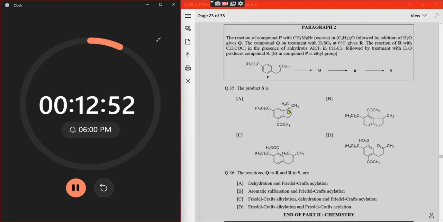That's probably the charge over there. Wait, why does it attack over there? Wherever it attacks, the positive charge will come here. So that's not what we want. But we can still use the inductive effect. So just attack over there, I guess. Okay. So either it's B, or it's C.